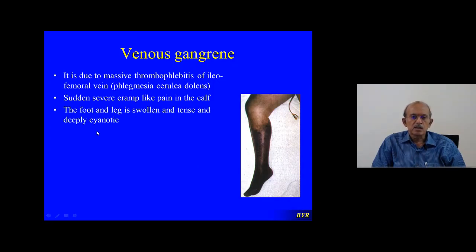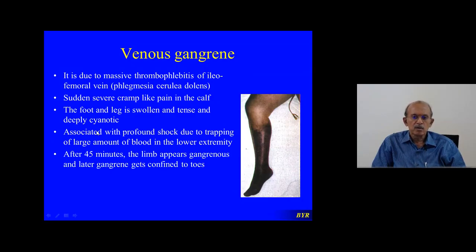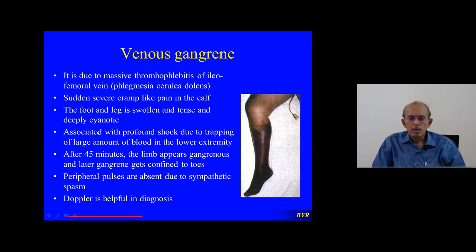The foot and leg are swollen, tense and deeply cyanotic, associated with profound shock due to trapping of a large amount of blood in the lower extremity. After 45 minutes, the limb appears gangrenous and later the gangrene gets confined only to the toes. Peripheral pulses are absent due to sympathetic spasm. Doppler is helpful in diagnosis.